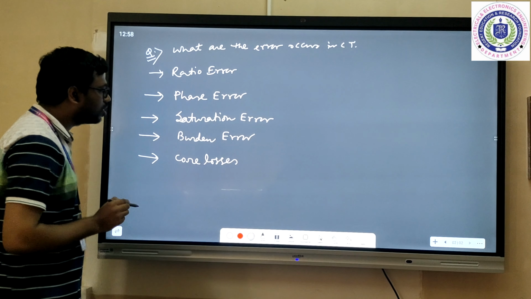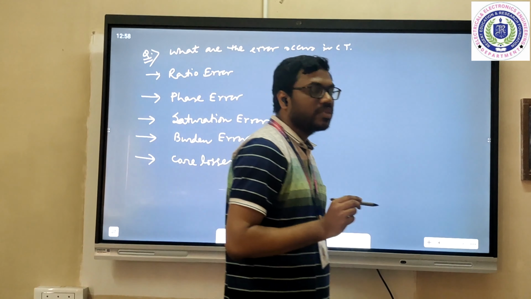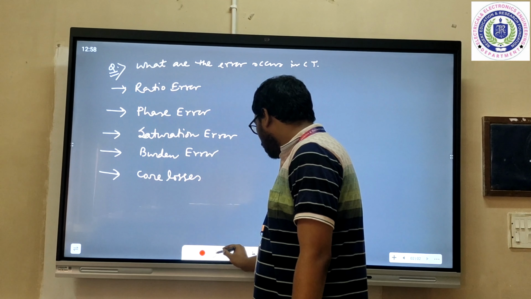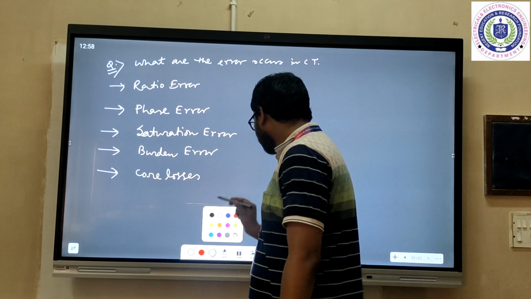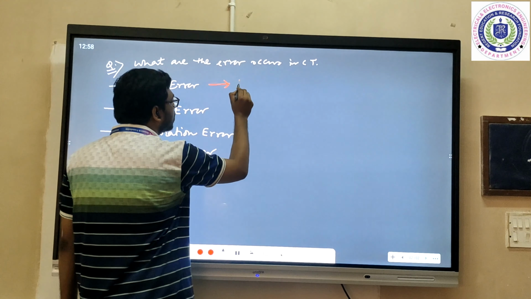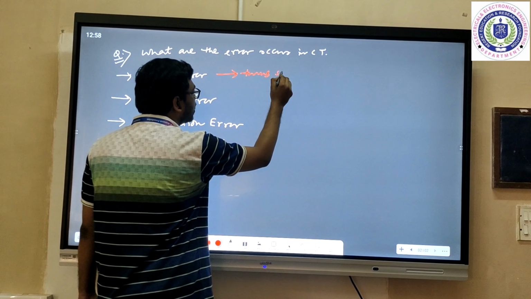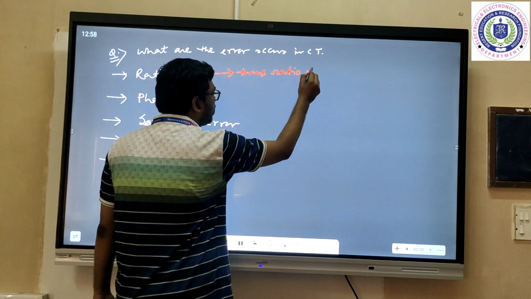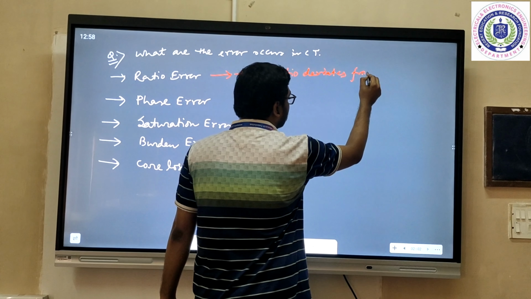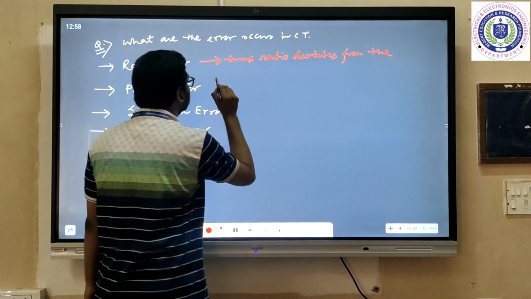Now what is ratio error? So ratio error basically occurs when the turns ratio is deviating from the specified value.